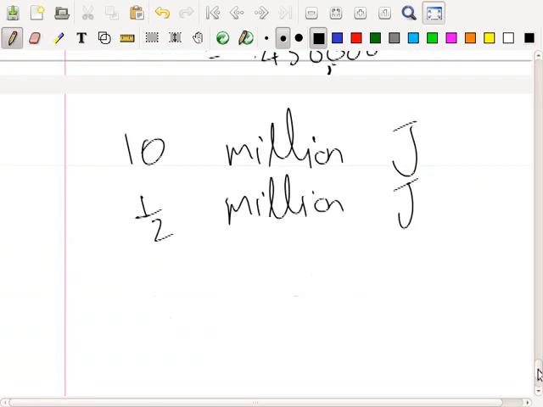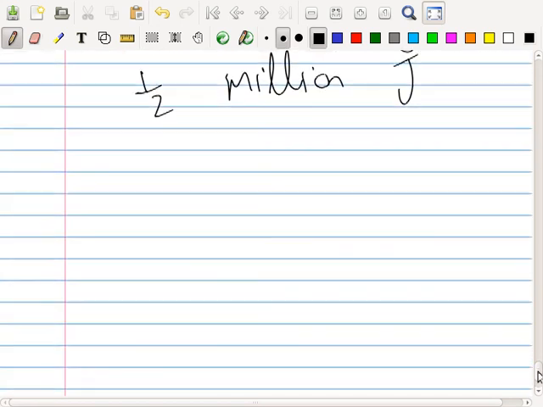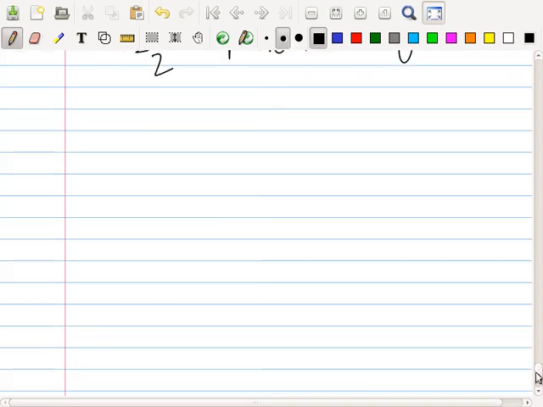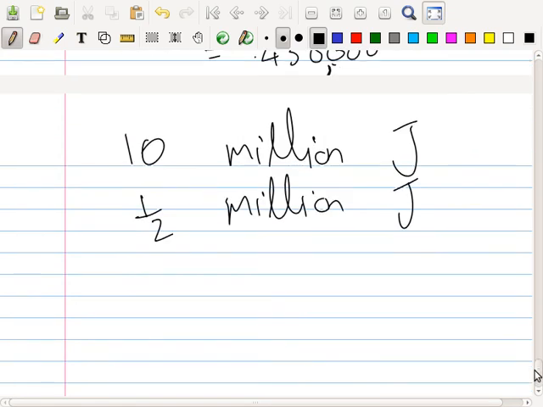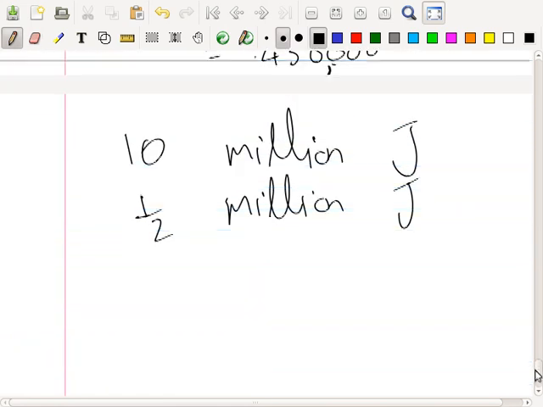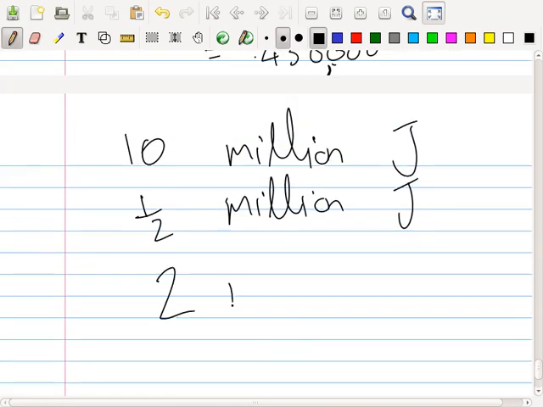A chicken roll, I think about 500 calories, so about 2 million joules. So Jingdong, your chicken sandwich probably had about 2 million joules. So 1/4 of your chicken sandwich's energy was used to increase your temperature by 1 degree. Okay?